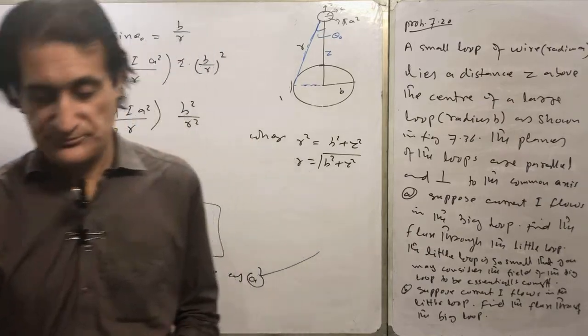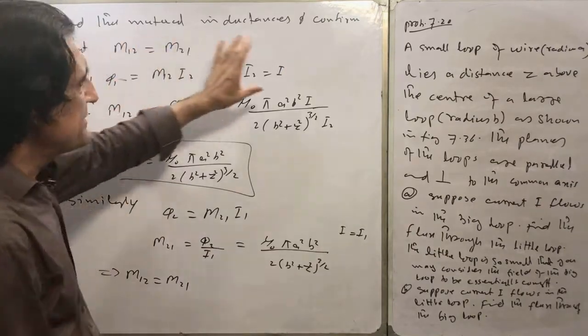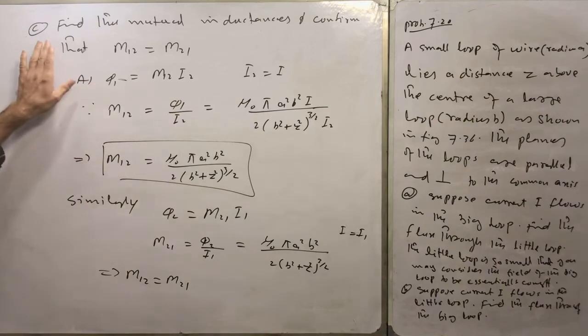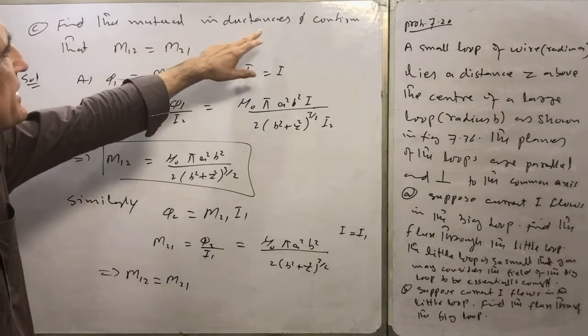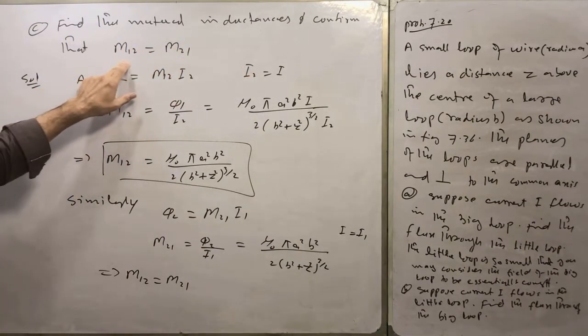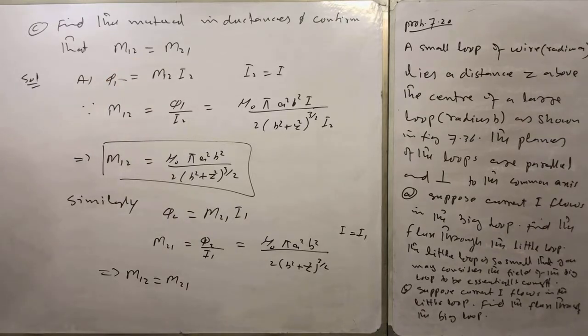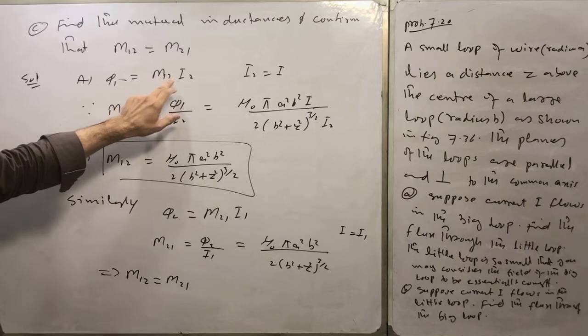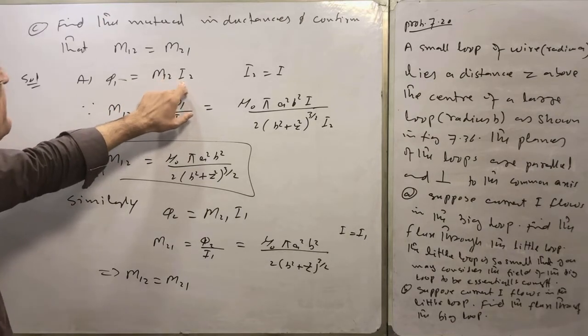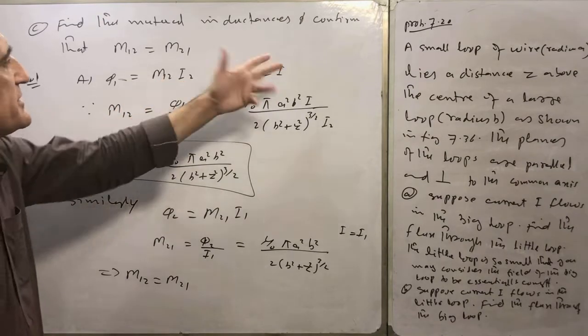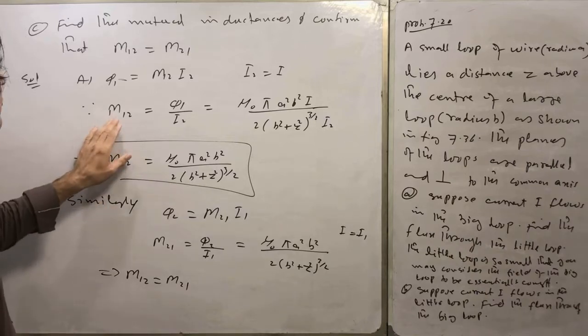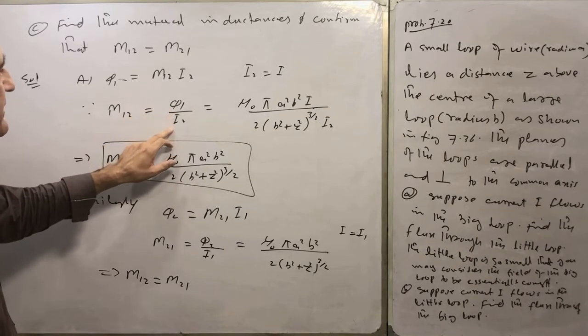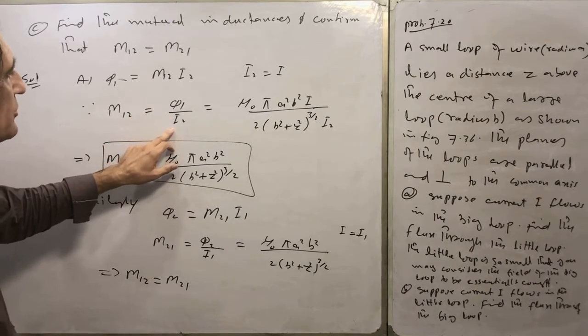The last section of this problem states: find the mutual inductances and confirm that M12 is equal to M21. This is very simple, because phi 1 is equal to M12 I2, and I2 is equal to I, so M12 is equal to phi 1 divided by I2.